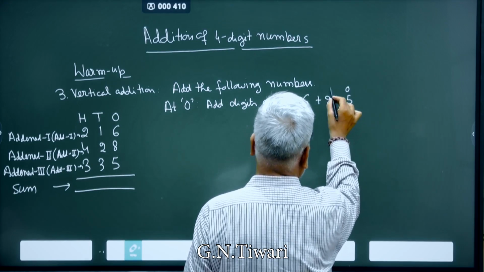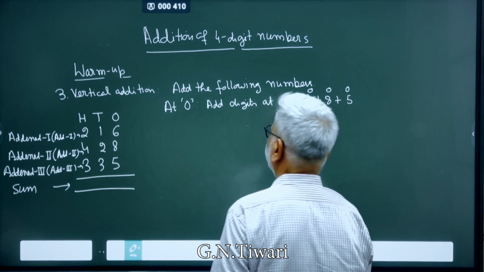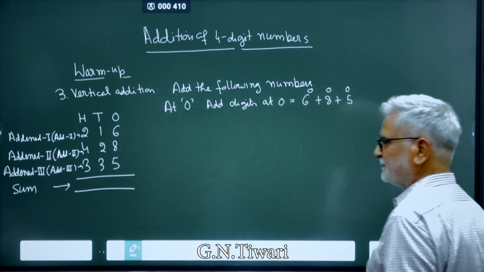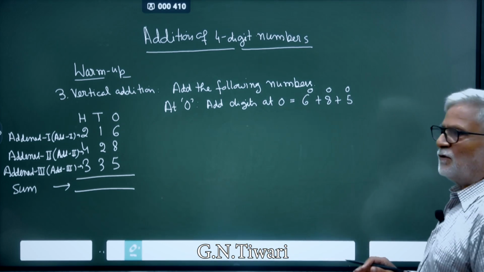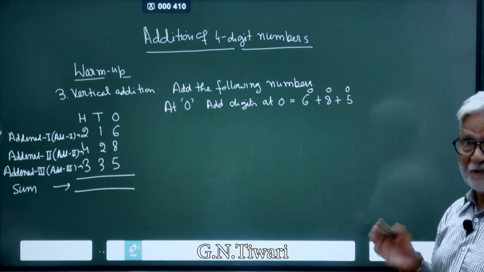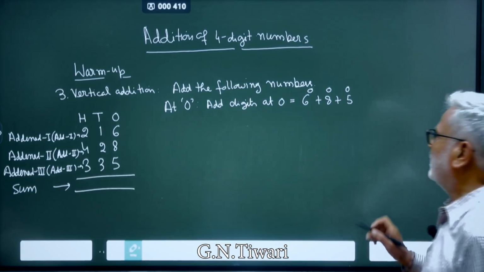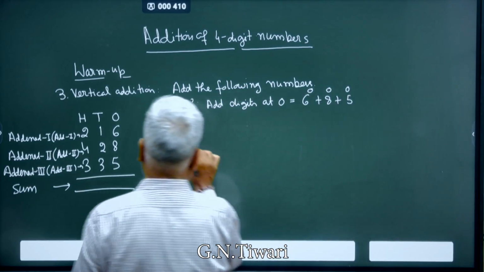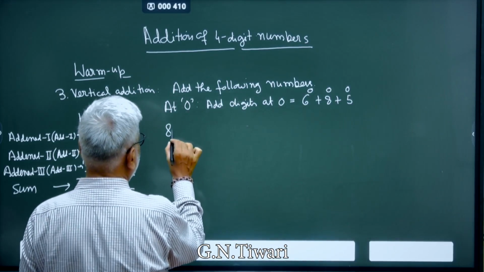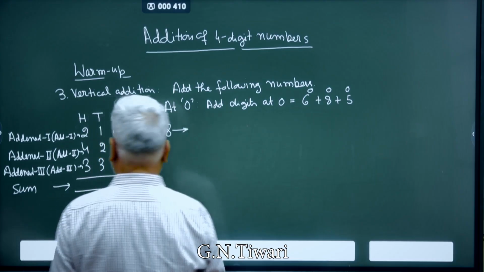Don't forget to mention O here. That's very, very important. Now, before going to the square method, you decide yourself which digit is the maximum. Here 8 is the maximum, write 8 here and put the forward direction.